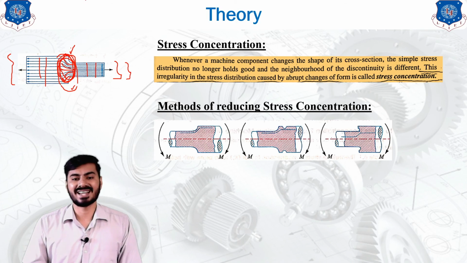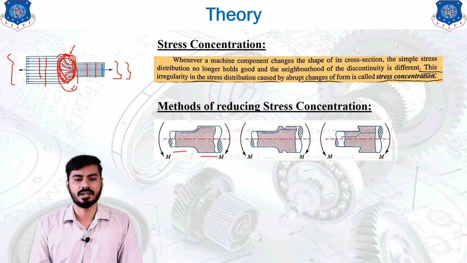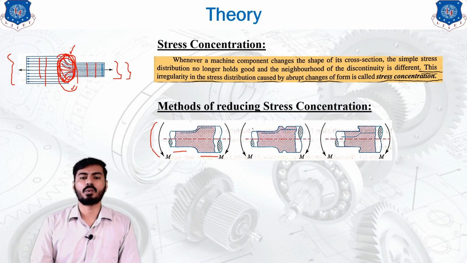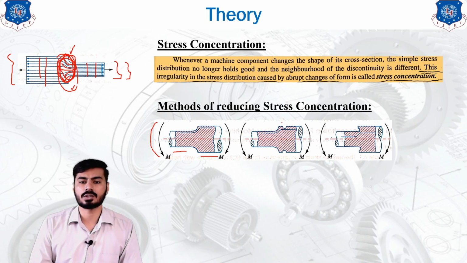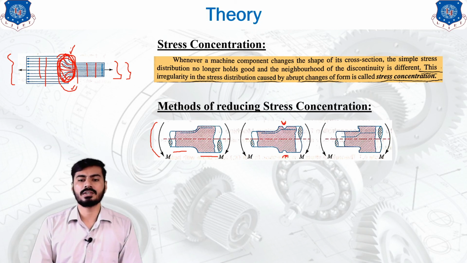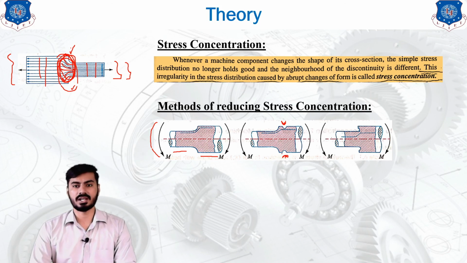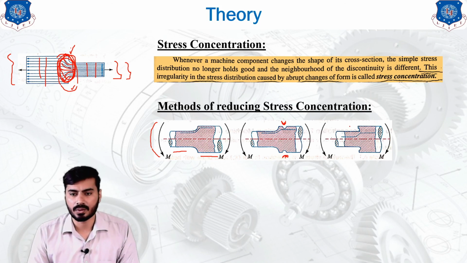If you are designing any component which increases its cross section area from lower to higher, and it is subjected to a bending moment like this, then you can provide notches or slots over here. These slots will reduce the effect of the sudden change in the cross section area, and notches can be provided at the sudden change over here also.